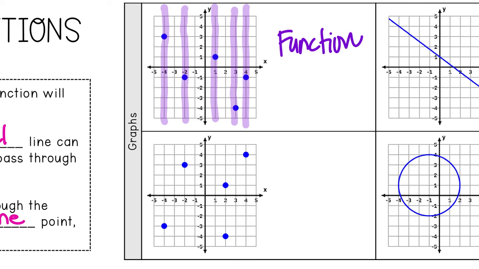Okay, so let's look at the bottom. So we're going to do the exact same thing. Vertical line, only passes through one point. Vertical line, only passes through one point. Vertical line, uh-oh, something bad happened here. It's passing through two different points. So I don't even need to check the rest of it. It already failed the vertical line test. So this is not a function.